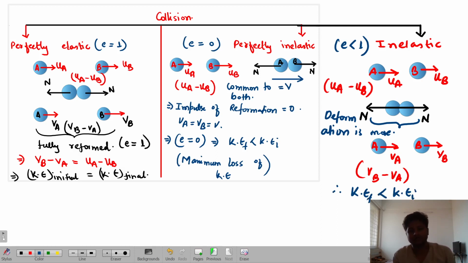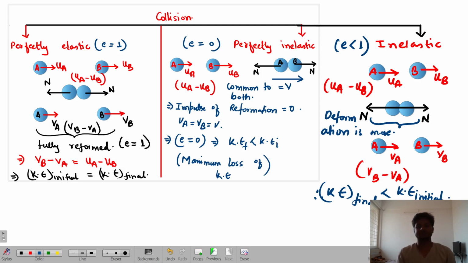Are you able to get me or not? Why is the final kinetic energy still less? Because of the loss of energy, because the deformation is still present. So some energy is lost during that deformation. Are you able to get me or not? So that is why the final kinetic energy is less than the initial kinetic energy. Are you able to get me or not?